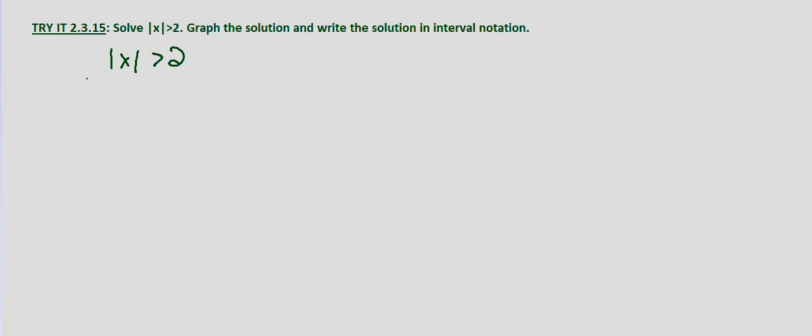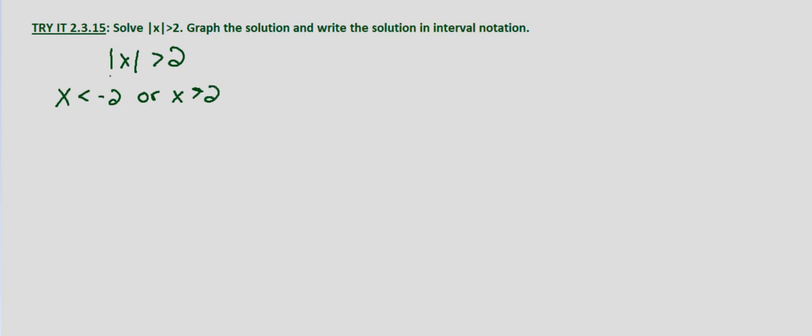So we set this up by changing the sign of what's on the right and changing the direction of the inequality symbol. So this would be x is less than negative 2, or, instead of and, because we have a greater than absolute value inequality, or x is greater than 2.